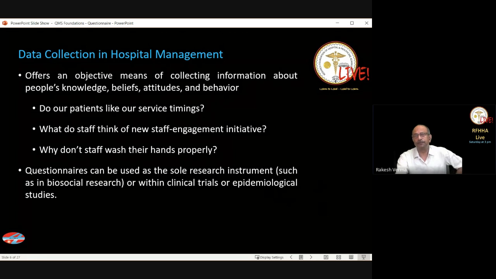Mostly in biosocial research, and hospital management is a biosocial research, it is many times used as the sole instrument.